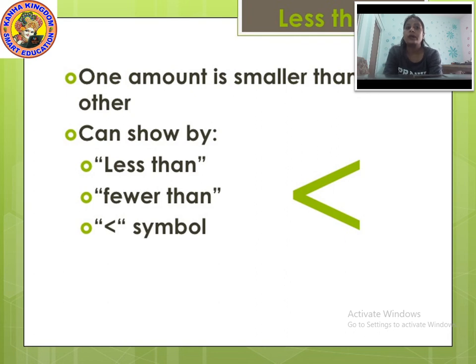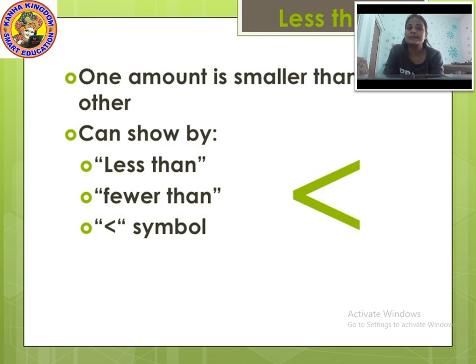Now when one amount is smaller than the other, then we will put this symbol, and this symbol we call the less than symbol.